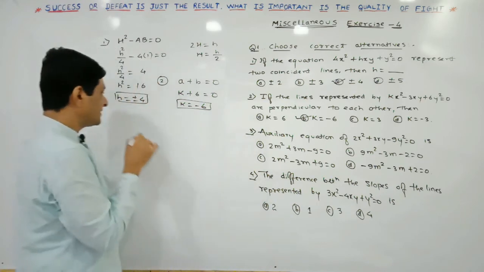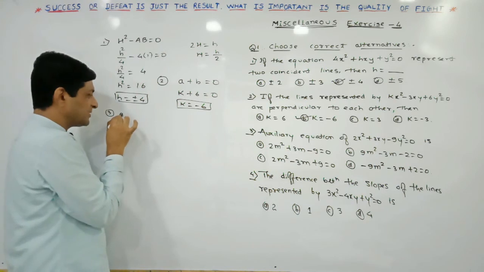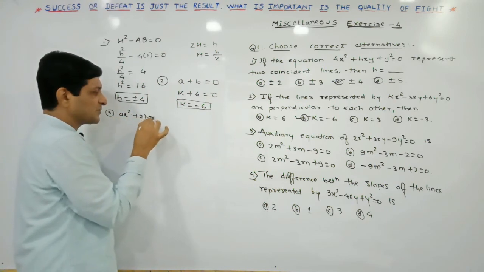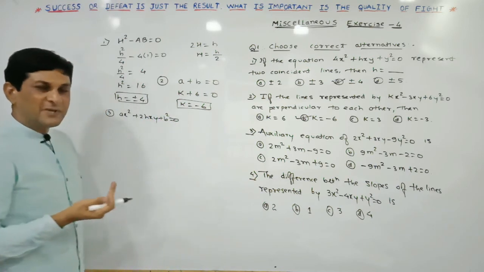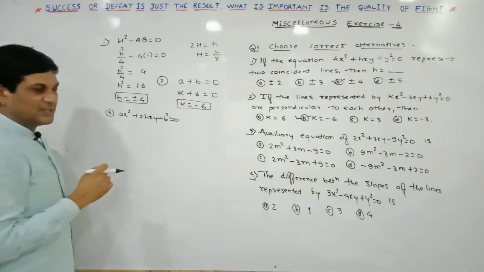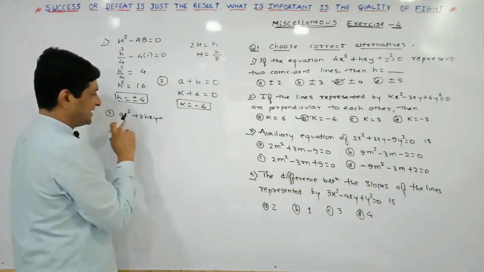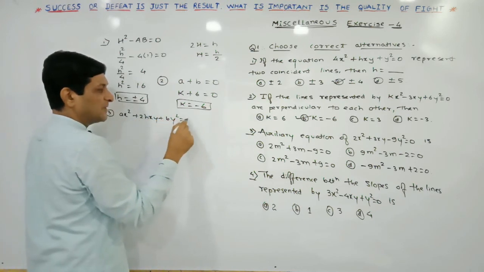Observe example number third. Whenever any homogeneous equation is given to us, suppose that the homogeneous equation is ax square plus 2hxy plus by square is equal to 0, at that time whenever we are writing its auxiliary equation, it will be ax square plus 2hxy plus by square is equal to 0.